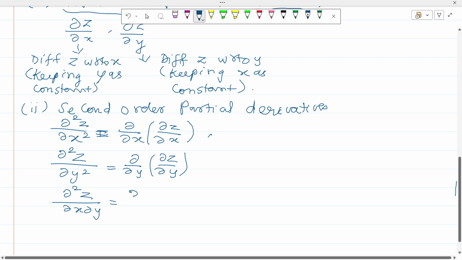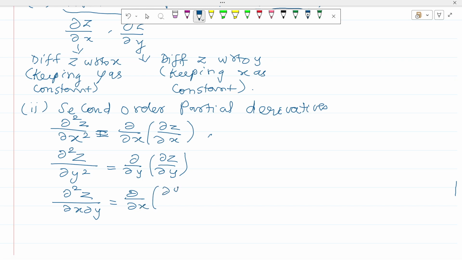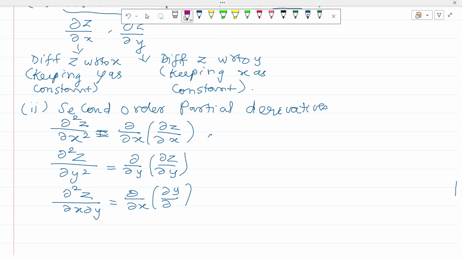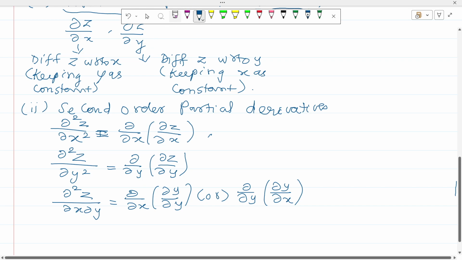That means you are differentiating dou z by dou y with respect to x, or differentiating dou z by dou x with respect to y.